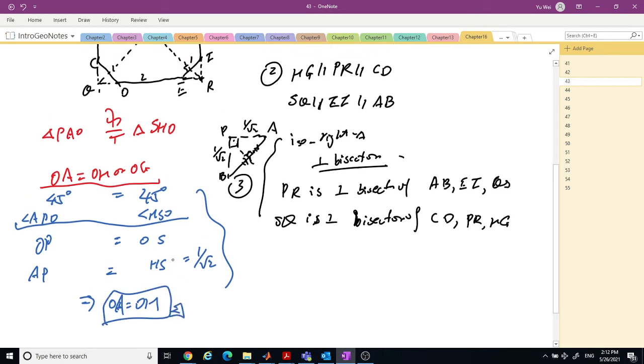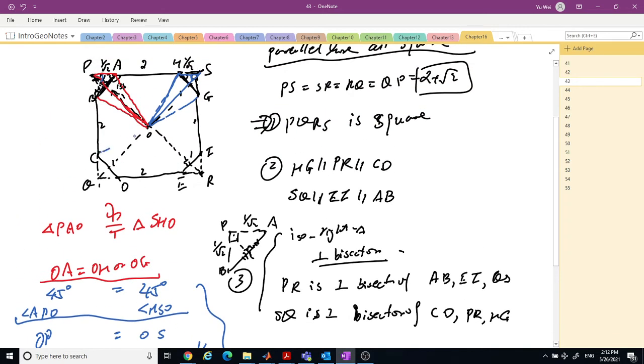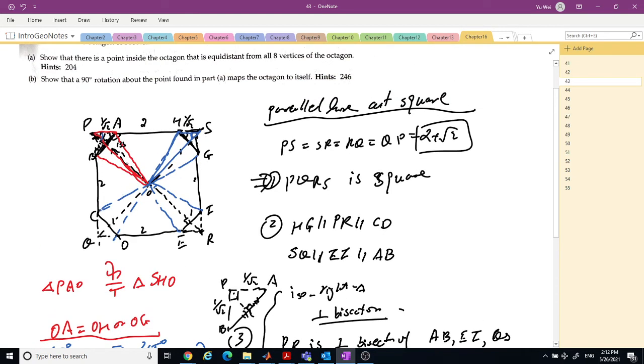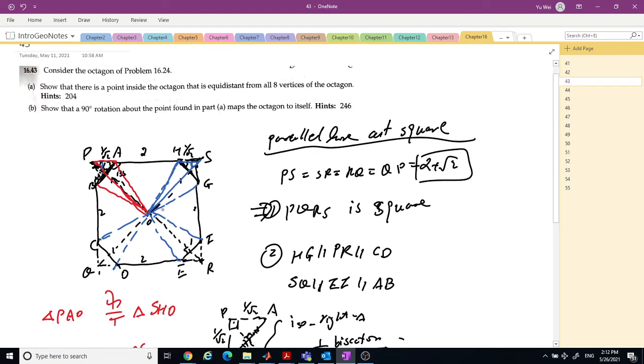So let's extend it this way. You can see these are all congruent isosceles triangles, these 4 triangles. So by proving this, we prove that they are the same. So O is the center, right? Now next is to show the 90 degrees. That means if we rotate 90 degrees around O, the original one maps to the new one.